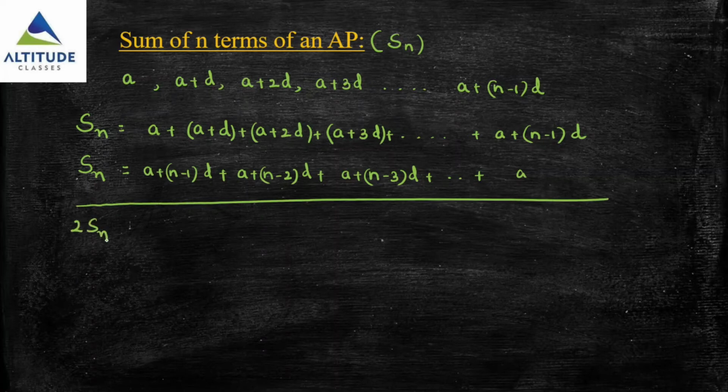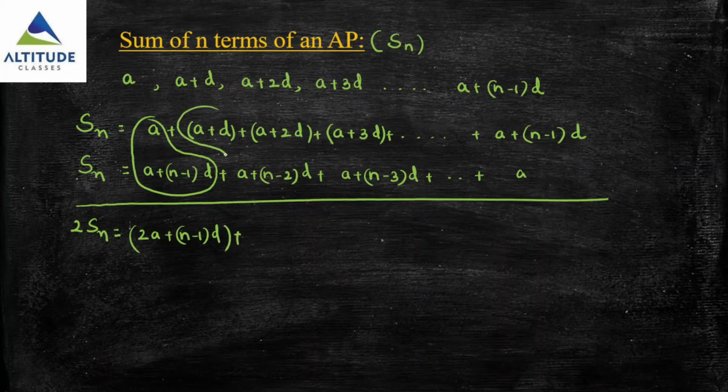Sn plus Sn, 2Sn. Now add these two terms, a plus a, 2a, and here (n minus 1) into d. Next, I am adding these two: 2a, here 1d, here (n minus 2)d's. We are adding 1d, so what happens? (n minus 1)d.